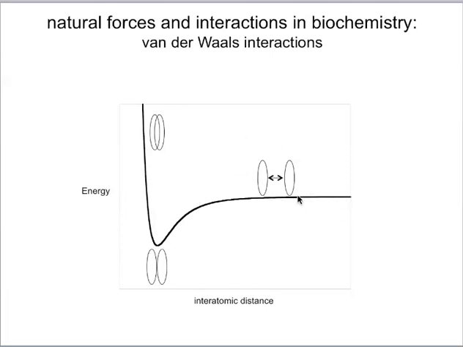There's 0 energy, either repulsive or attractive. As they come closer and closer together, they begin to feel that favorable Van der Waals interaction, effectively an electrostatic interaction, and that reaches some minimum, right? And that's the Van der Waals contact distance. And beyond that minimum, the electron shells begin to interpenetrate, and that's an unfavorable interaction. So we have a positive energy that shoots right through the roof that effectively prevents those two atoms from interpenetrating.